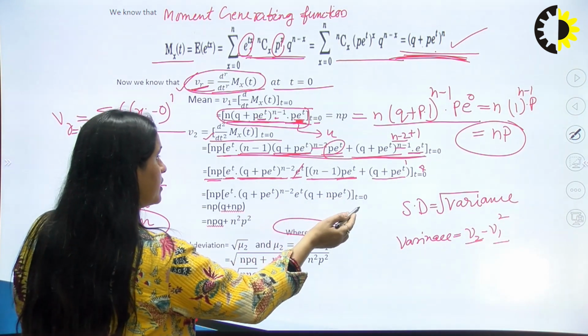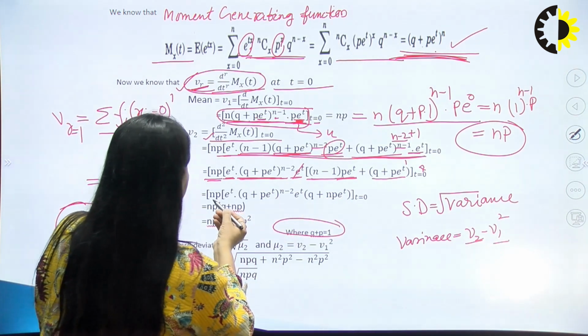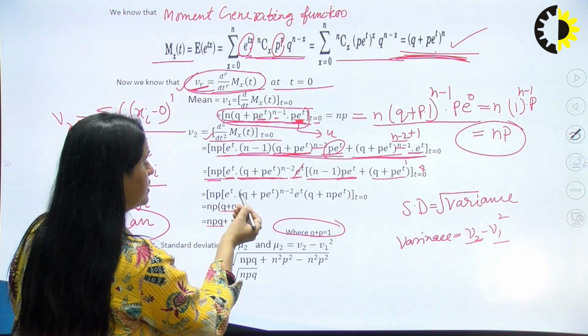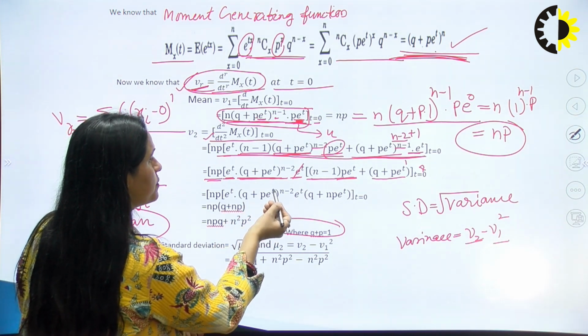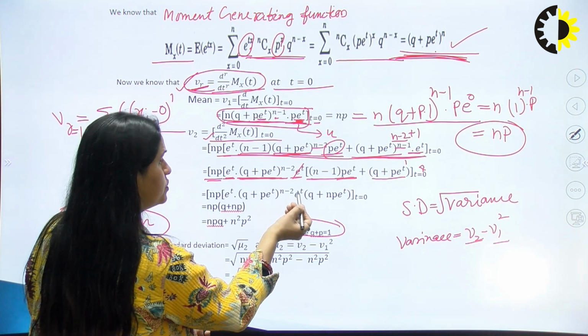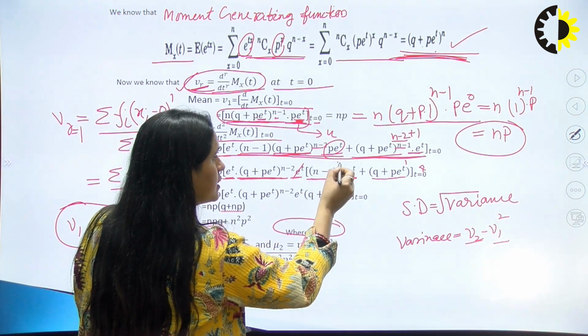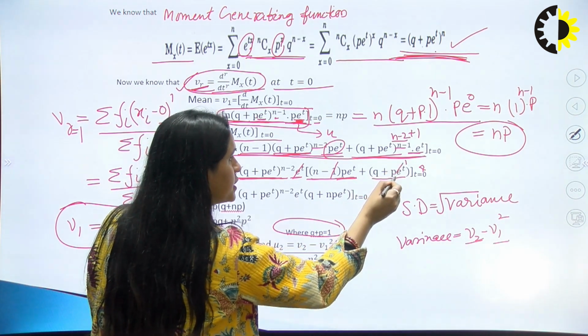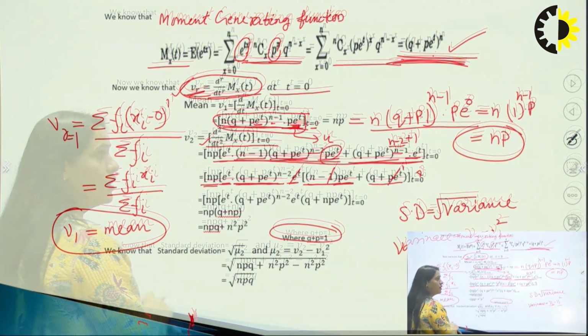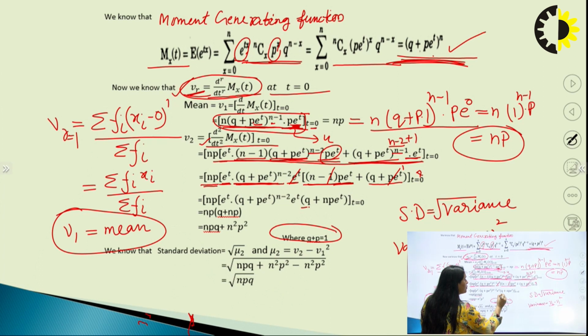we are putting, now again what we are getting: np into e to the power t (q plus p e to the power t) to the power n minus 2 into e to the power t. On solving, when we solve it, see this minus 1 and this p e to the power t will cancel out and we will get q plus np e to the power t, and finally we have to put t equal to 0.